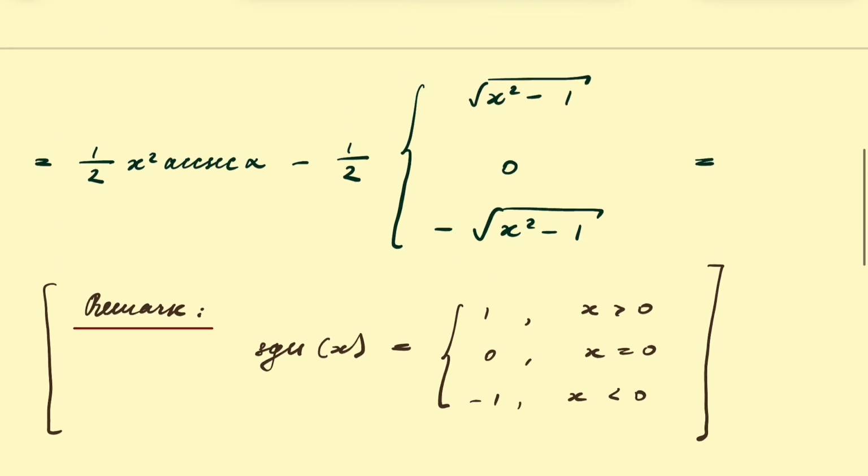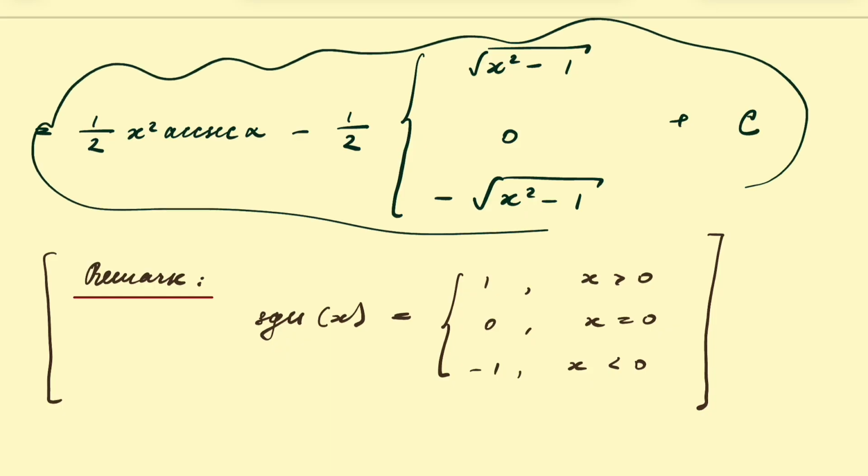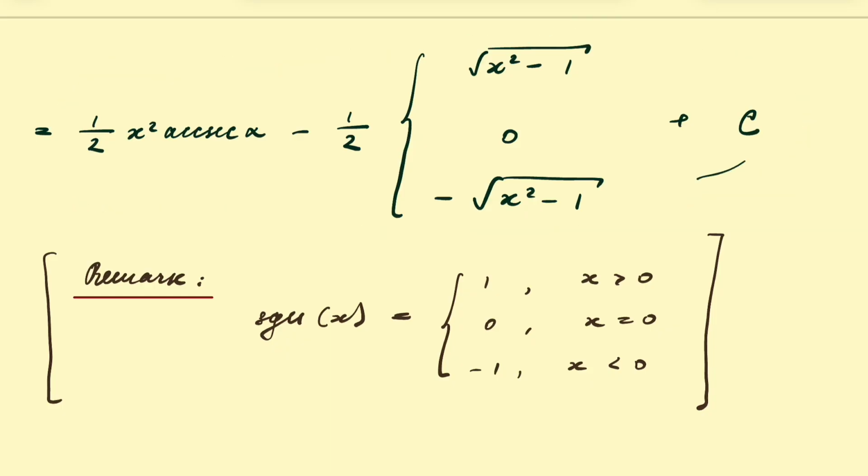By the way, I just wanted to write it using a sign function, and because of this I didn't include the constant here. If you are taking your final answer as this one, you should write the constant here. Also, as a matter of fact, we should write x is bigger than 0, x is less than 0, x is 0.